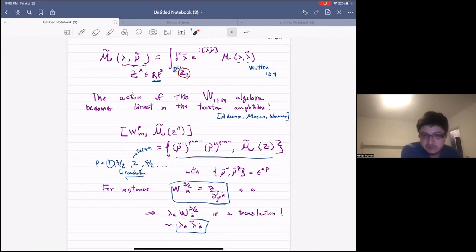What is doing this transform is essentially a Fourier transform in lambda tilde, and now my Twistor space is just lambda, mu tilde. Okay. So in these variables, W3/2 is just a simple power of mu, which is a derivative in mu under this Poisson bracket. And that makes perfect sense because we know that momentum in lambda and lambda tilde variables is just this.